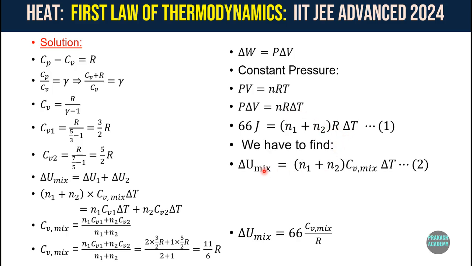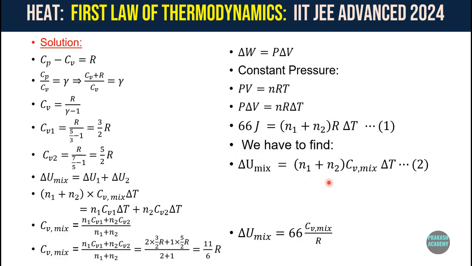Now we have to find delta U of the mixture. This is the equation for work done, because delta W equals P dV and P dV equals nR dT, so I have plugged this in and equated it with delta W. This is my first equation.